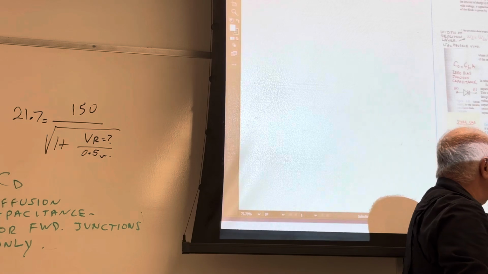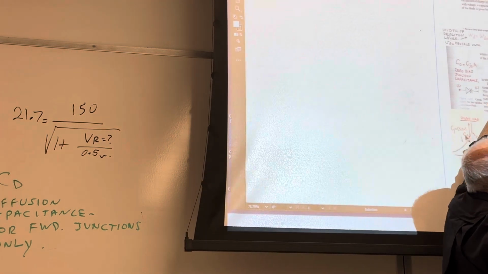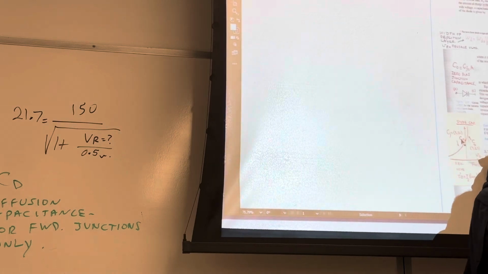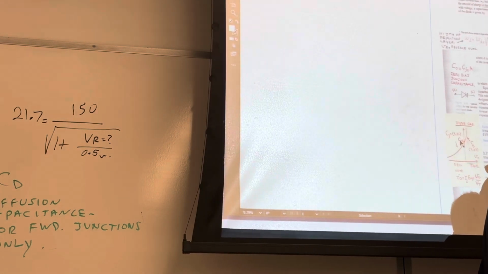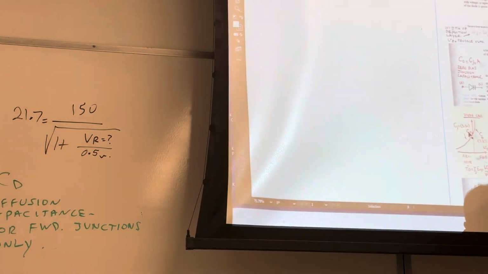It means that capacitance increases with current in the forward. In the reverse, that capacitance gets smaller with the reverse voltage. There is no current whatsoever in this situation. I is 0 because it's reversed.